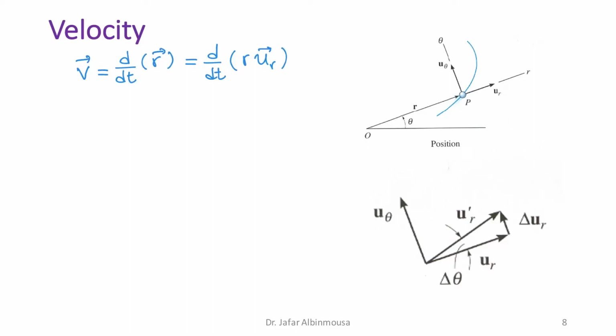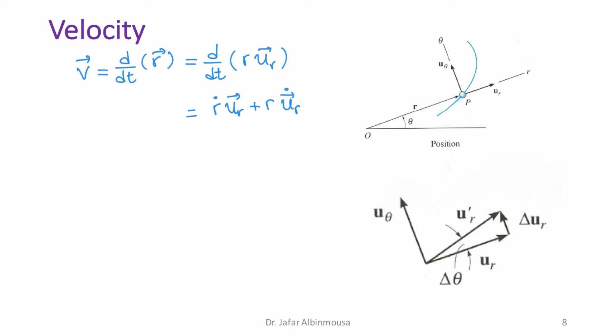So we need to be very careful. The derivative here has to be applied to both the magnitude as well as the unit vector. So this is going to give us r dot ur plus r multiplied by ur dot. So the question here, again, we know that this is the rate of change of the position vector, which is going to be the velocity.